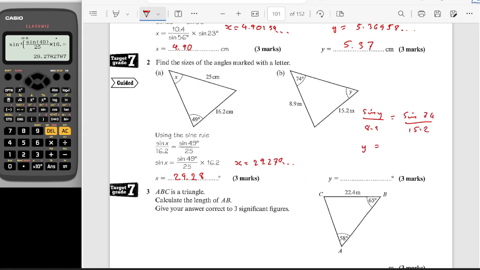And then I jump straight to y. So y is going to be equal to, and I'm just going to use the same sum and just change the values. So change that one to 74, change that value to 15.2, and change that value to 8.8.